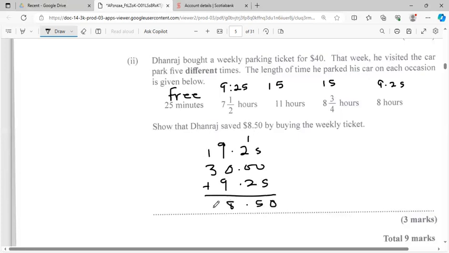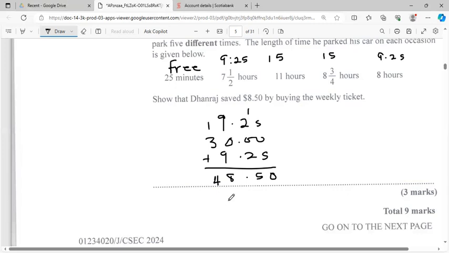So that gives you a total of $48.50. But remember, they said he bought it for $40. So we subtract the $40. So you would save a total of $8.50, which was already given. So you'd have gotten 9 marks from this. Very nice question, CXC. Very nice question. Pick up yourself for that.